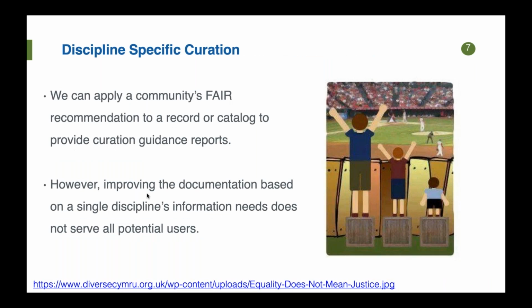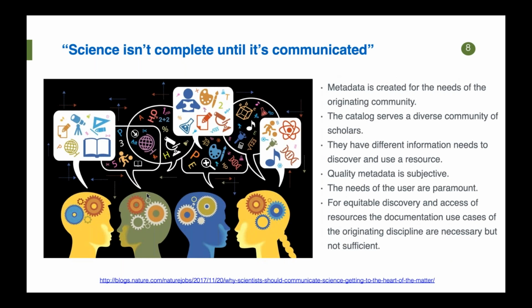When you have a discipline-specific curation for a catalog, you may serve the users that are from that discipline, but you might not be able to provide the information that someone from outside that discipline needs in order to understand and use that data. And since this idea of quality is subjective for metadata, the needs of the user are paramount.